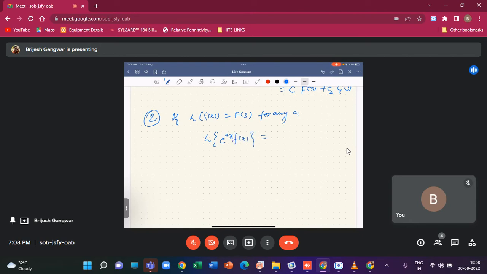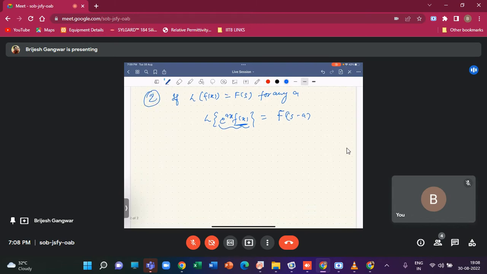Actually, this property is very useful when you are calculating the Laplace transform. Then simply you can write the Laplace of this whole function is F(s minus a). So this one can use as a formula.